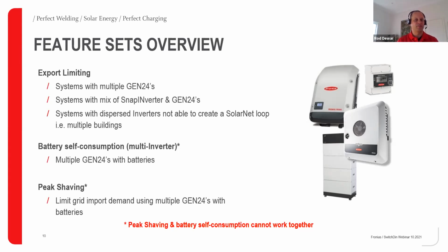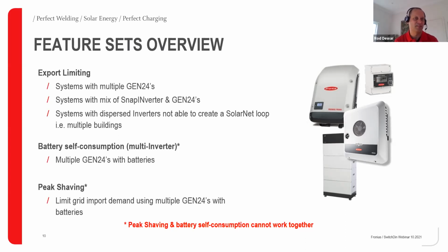Then you've got the battery self-consumption with multi-inverter. If you've got a single inverter, a single Gen 24 with a battery, it's not necessary to have the Droplet. There are other features you get with it, but it's not essential. However, when you do have multiple inverters with batteries on each one, then you would need it.